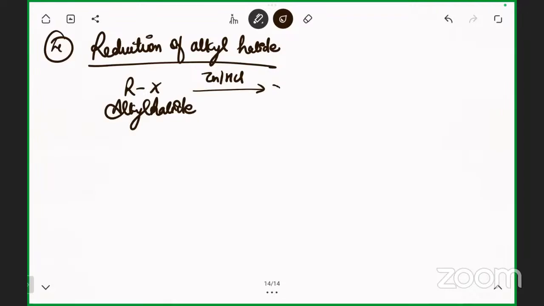It will form RH plus HX. For example, we can write RX plus HCl in the presence of zinc. We can write it like this.